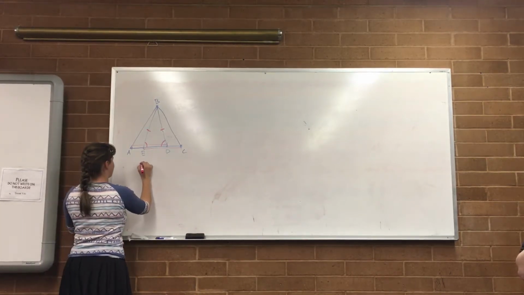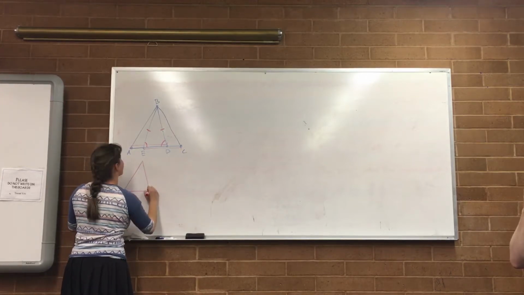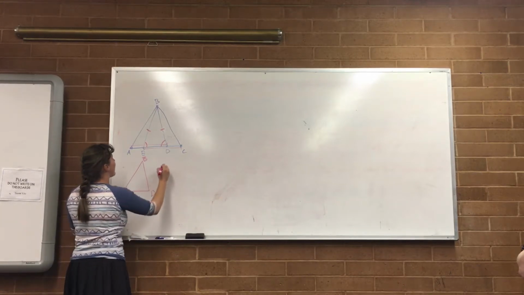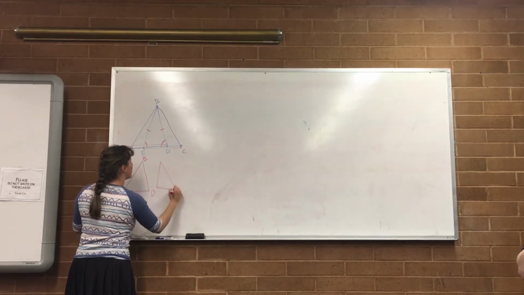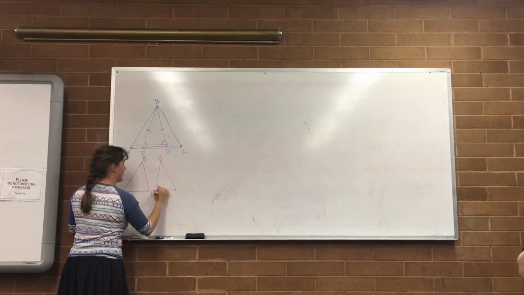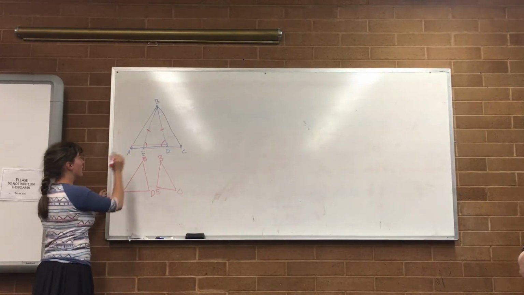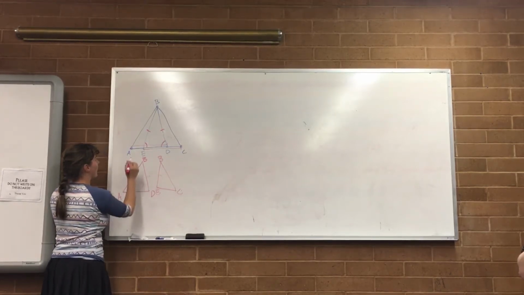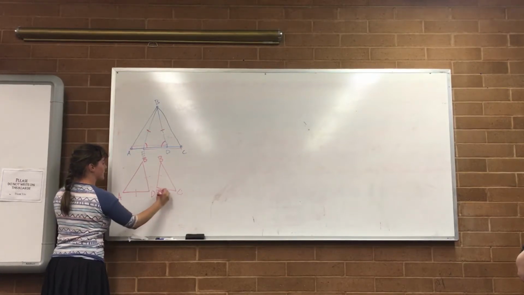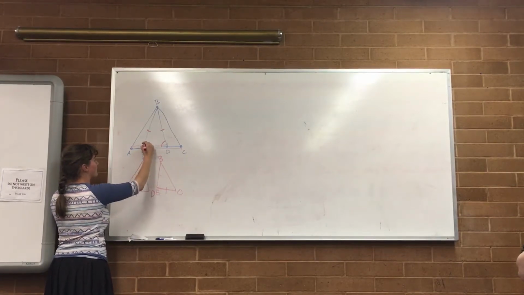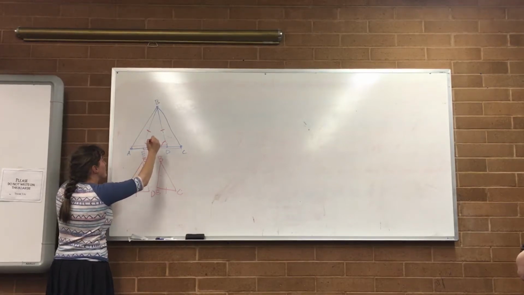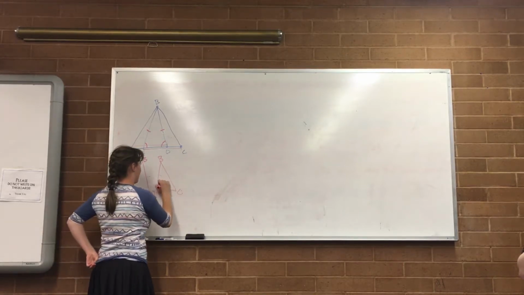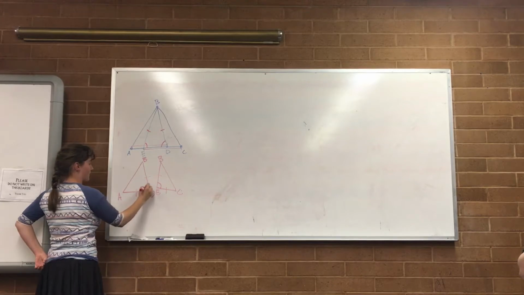So you have a triangle ABD, and you have a triangle BEC. So we know that BE is congruent to BD, and we know that AD is congruent to EC, and we know that BEC is congruent to BDA.